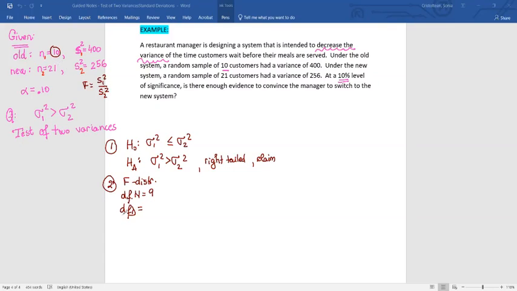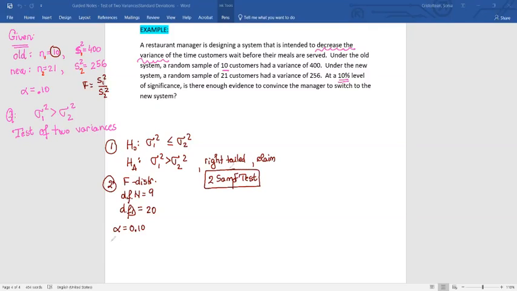And on the bottom, we have n2 minus 1, which will make degrees of freedom on the denominator equal 20. Also, I'll write down that alpha in this case is 0.10. And we are using the two-sample F test because we are comparing two variances.